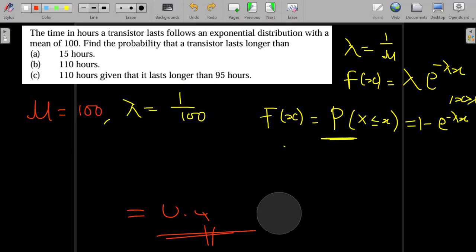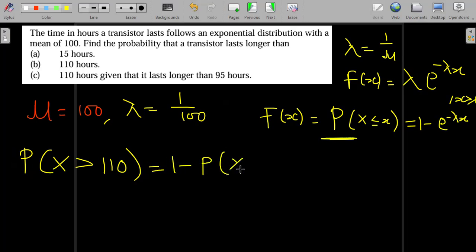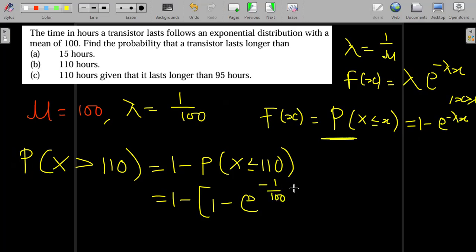Let's look at B. They're saying find the probability that the transistor lasts longer than 110. This is the same as 1 minus the probability that x is less than or equal to 110, which is just 1 minus, 1 minus, using the CDF, e to the power minus lambda x, where lambda is 1 over 100 and x is 110.